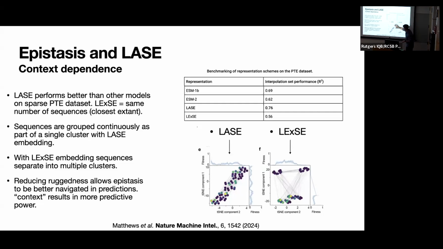So again, when you look at this graphically, how the sequence is clustered, the LAYS model has a very clear, smooth landscape. Yep. Can I ask, what's the size difference between all? Identical size. They're all okay.